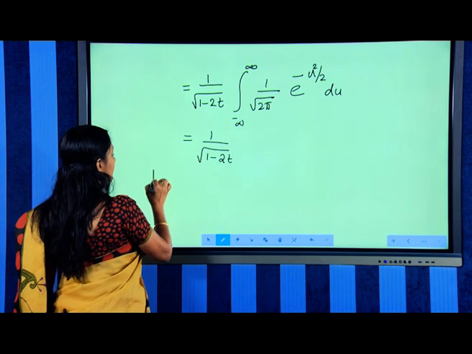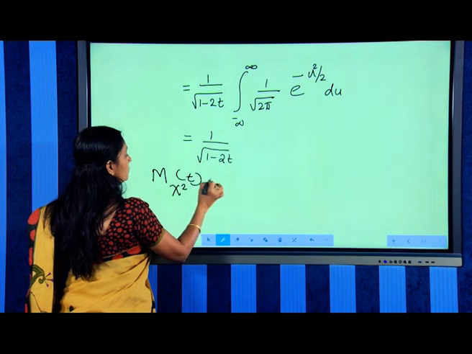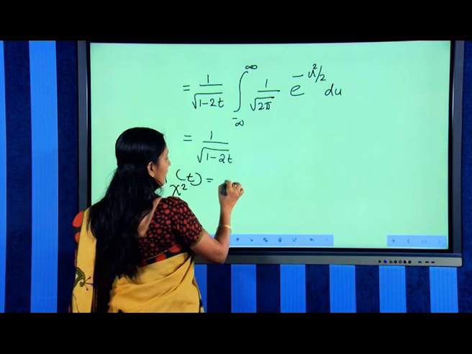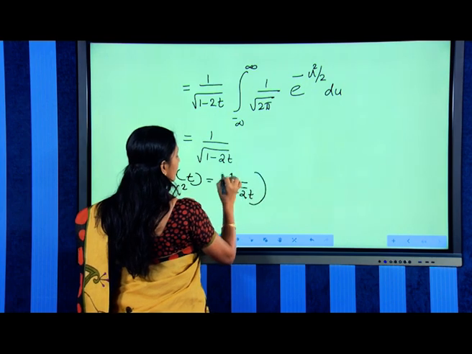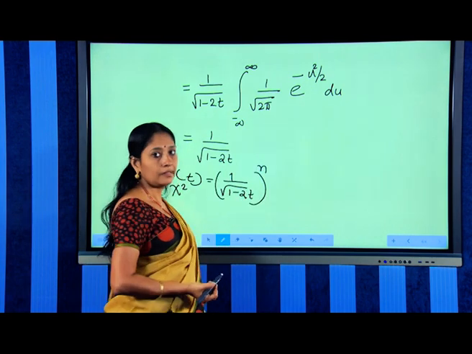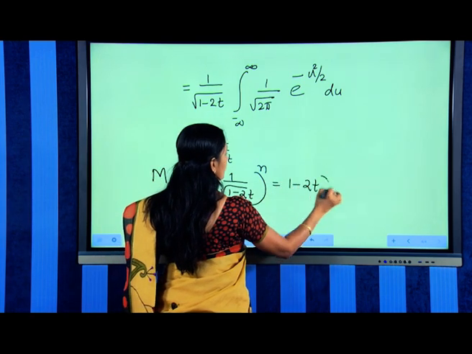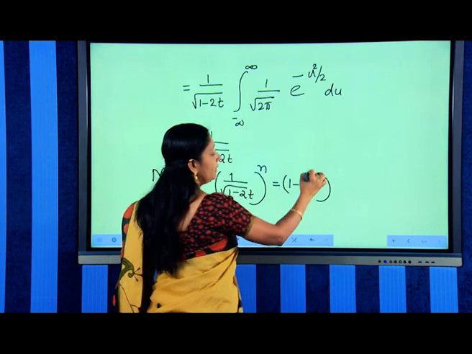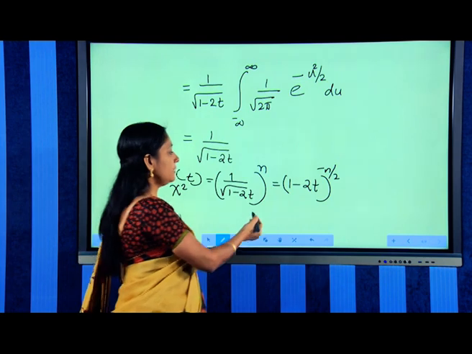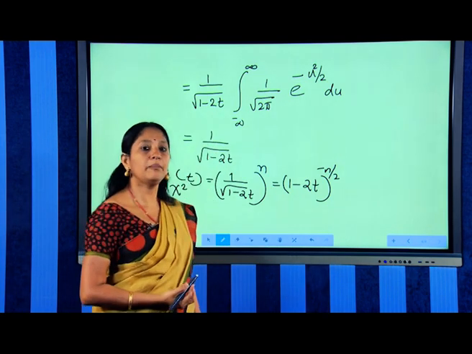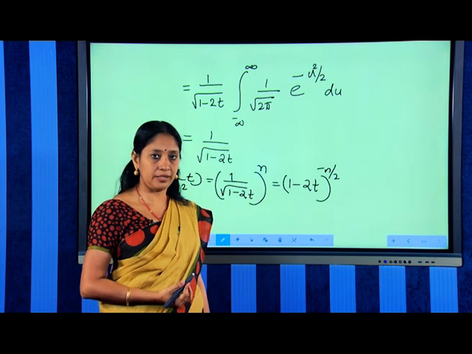Therefore, the moment generating function of chi square is equal to 1 by root (1 minus 2t) to the power n, that is equal to (1 minus 2t) to the power minus n by 2. This is the moment generating function of a gamma distribution with parameters n by 2 and 1 by 2.